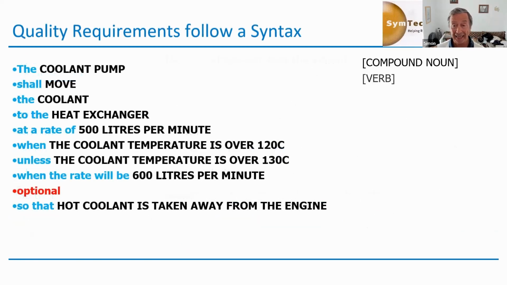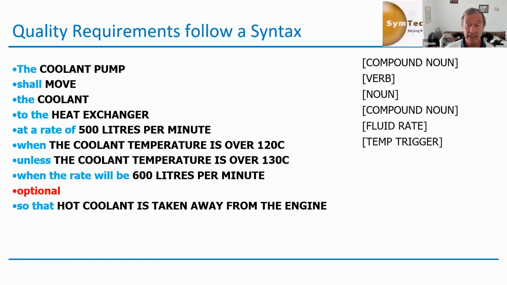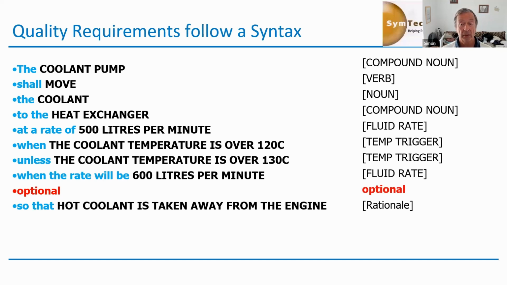Now we can then analyze these into its linguistic elements. And it's amazing when you do this, you can see commonality. Here is a compound noun, verb, a noun, another compound noun. Here's a fluid rate with a particular syntax. There's another fluid rate with exactly the same syntax. Here's temperature triggers with exactly the same syntax.